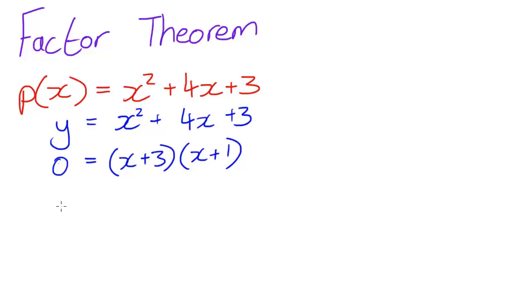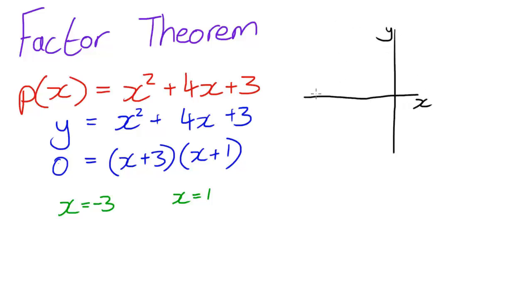So we would get our points of intersection being x is equal to minus 3 and x is equal to minus 1. Let me draw these axes again. We'd have x here and y here, and we'd have our 2 points of intersection at minus 3 and minus 1.